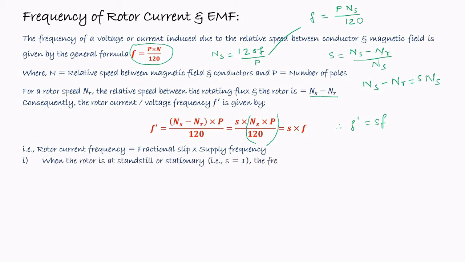Now, when the rotor is at standstill or stationary condition, the value of Nr is equal to 0.